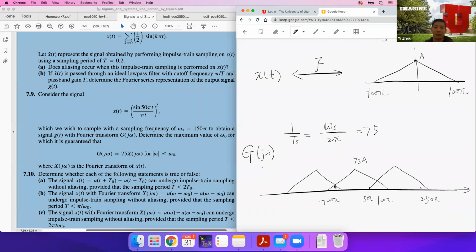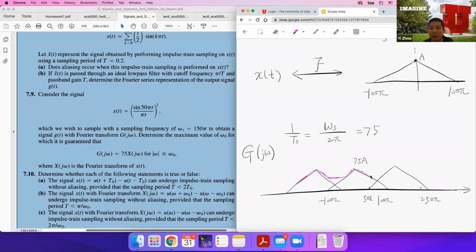You can see there's an overlapping between these different copies. Since they are overlapping, they will superpose with each other, right? So if you draw the resulting spectrum, let me use a dark color, once you superpose all these overlapping copies together, the resulting spectrum will look something like this.